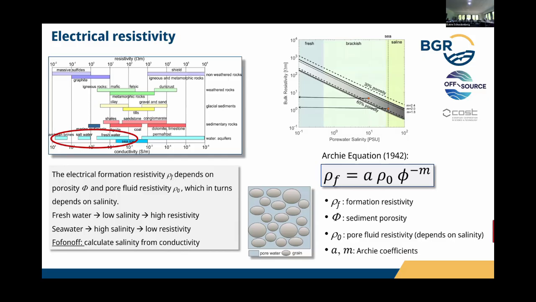If you have clays, the world looks different anyway. But if you have more shaly, flat grains, you get anisotropy, a dependence of your conductivity on direction. That's an important factor as well. But the main dependence of the resistivities we get from our CSEM data is porosity and pore fluid resistivity. That has the main effect.